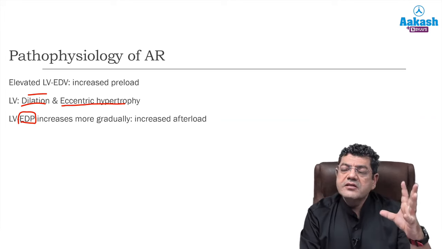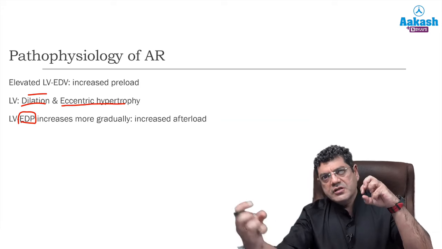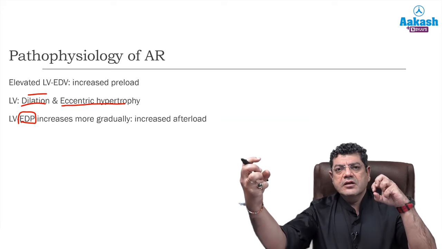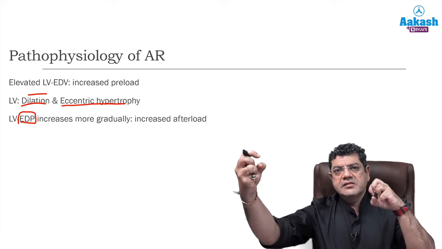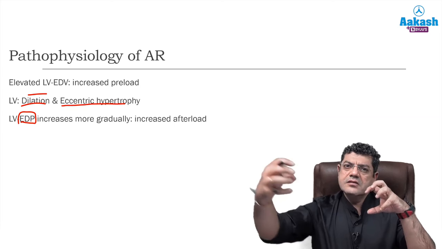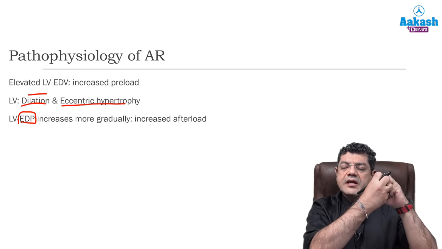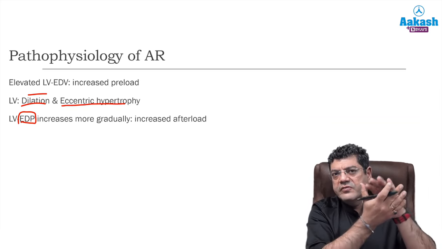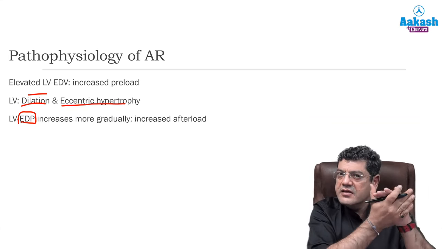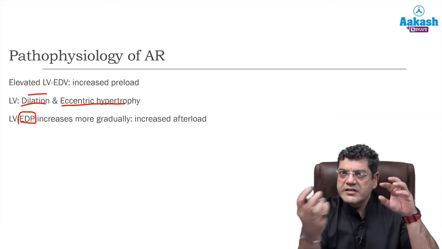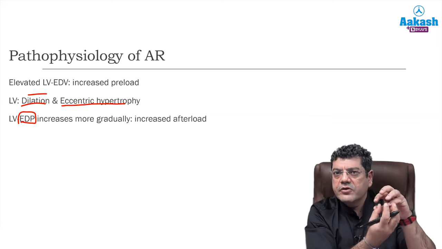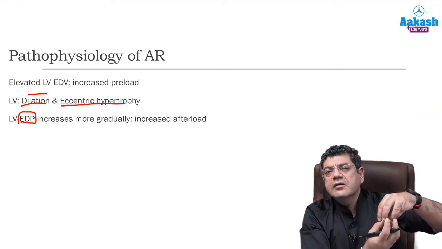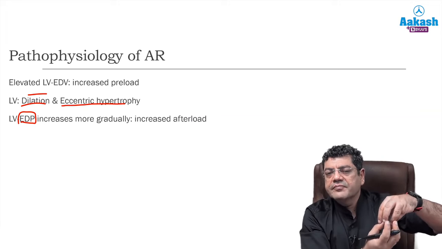The stroke volume increases. The left ventricle pushes out blood into the aorta, and that happens in systole. In late systole and diastole, a lot of this comes back and collects in the left ventricle. So one problem for the left ventricle is an increased end diastolic volume. It's receiving regurgitant blood from the aorta, and it's also receiving pulmonary venous return from the left atrium.